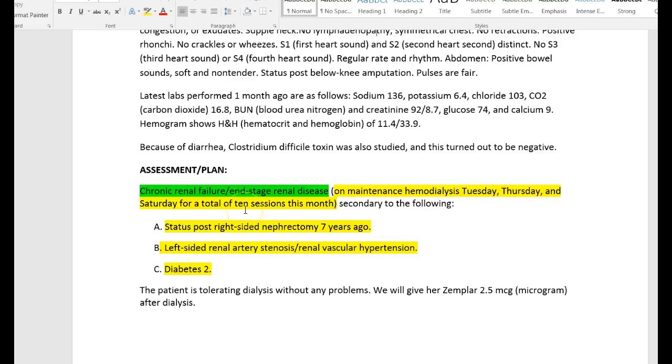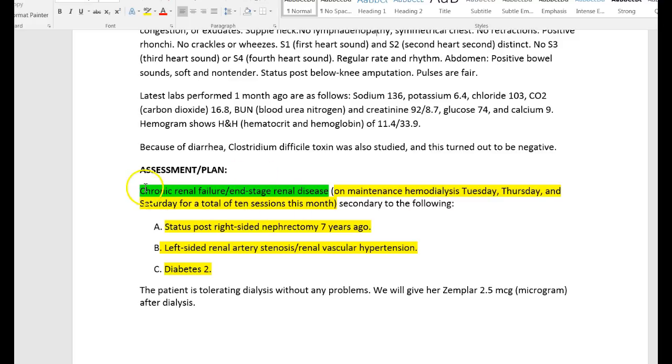The assessment is pretty much after he's reviewed the case in the chart and examined the patient and her lab work, which is everything that's documented here. He is assessing what's going on with the patient, and then he's giving us a plan for her future treatments.